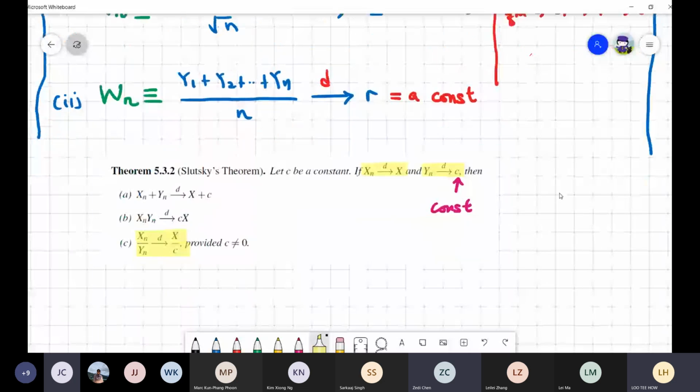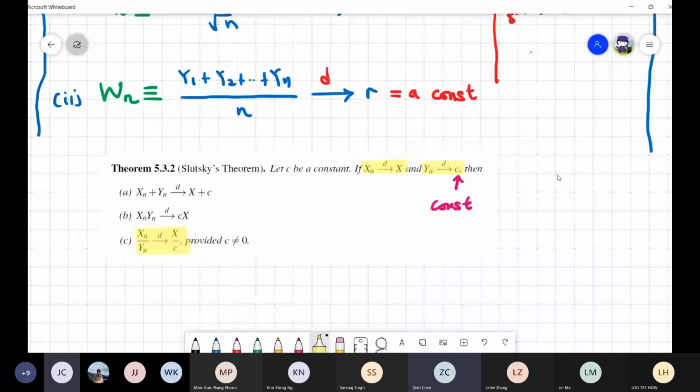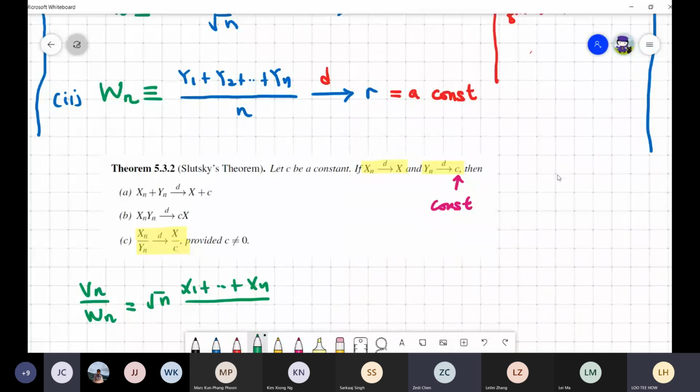So your Vn over Wn, you can write this, and it will directly become this. You go and work out the calculations. So it will converge to Z over R in distribution.